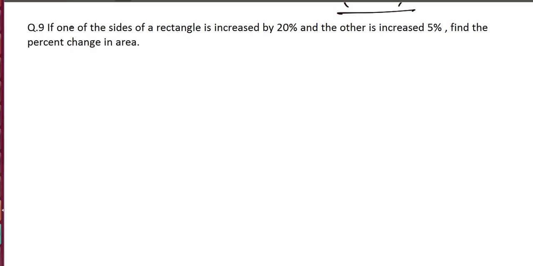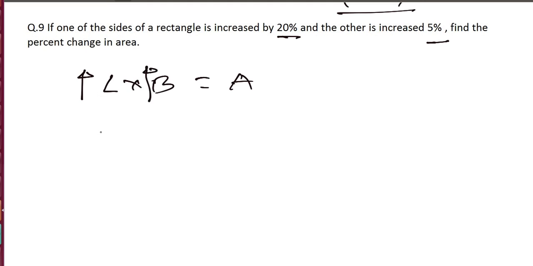If one of the sides of a rectangle is increased by 20% and the other is increased by 5%, find the percent change in area. So a rectangle's area is equal to length into breadth, or multiplication of two sides. So this side is increased by 20% and this is increased by 5%.